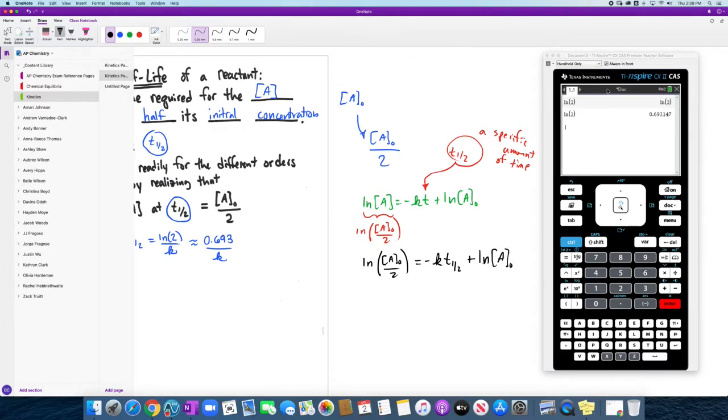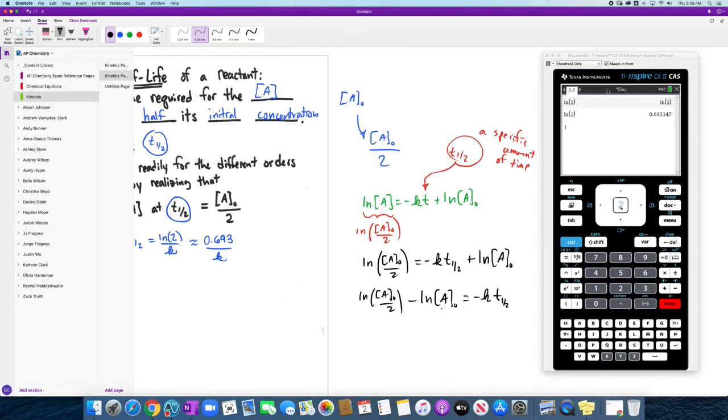So now I'm going to subtract natural logarithm of A initial from both sides, kind of combine it, join it up over here with this other term. And so let me just rewrite this a little bit here. We've got the natural logarithm of A initial over 2, and we're going to subtract out natural logarithm of A initial, and that equals negative k t half-life.